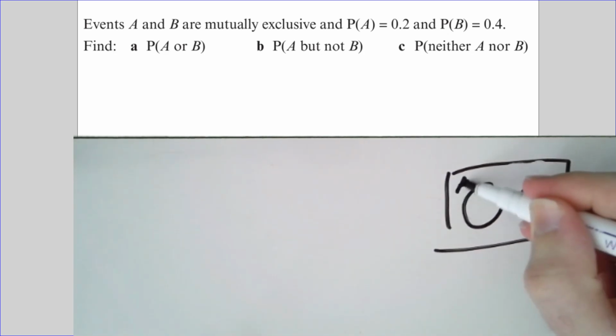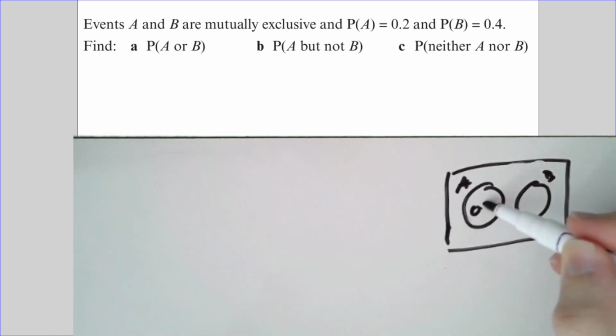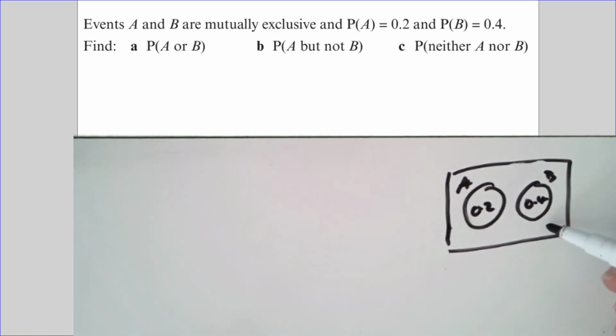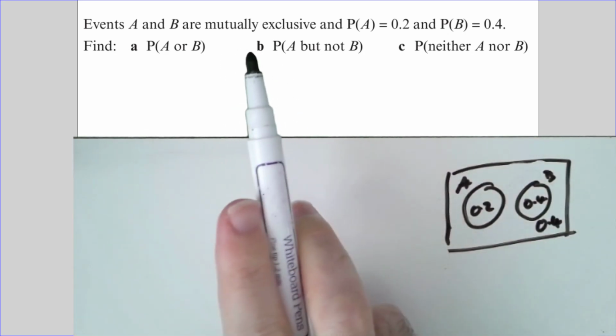We'll have A and B, and these things won't overlap. We've got a 0.2 in here and a 0.4 in here. So the outside must be 0.4, because together these must add up to 1. Now we can answer some questions. This extra bit of information just told us what our Venn diagram will look like.